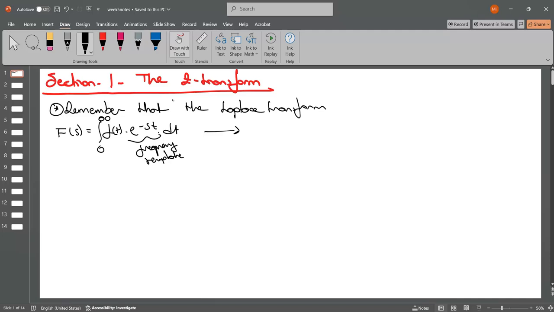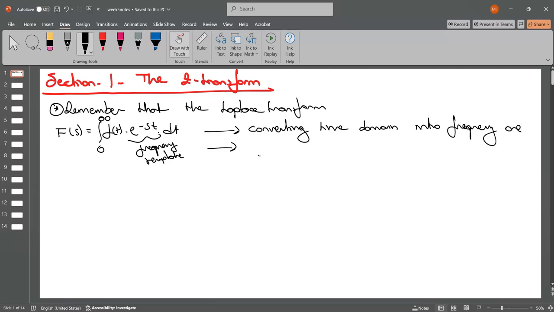And so this f(t) is convolved with the frequency picture, which is Euler identity, right? And so this converts the time domain into the frequency one, okay?